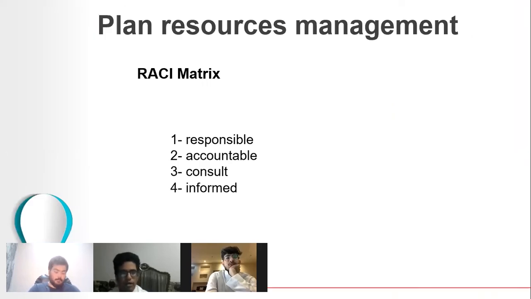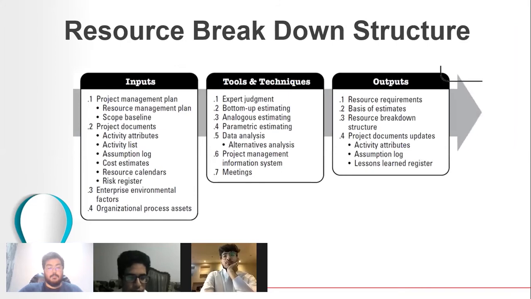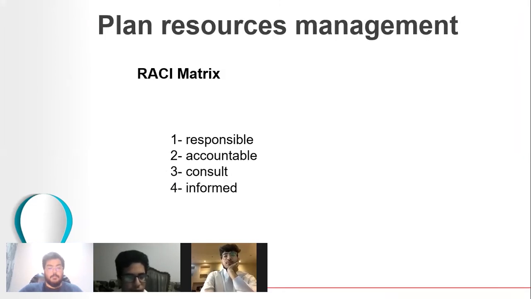Then there is the RASI matrix. After we identify the activities and separate the responsibilities among team members, RASI stands for responsible, accountable, consulted, and informed. In every activity, there is someone accountable, who is asked about the activity.